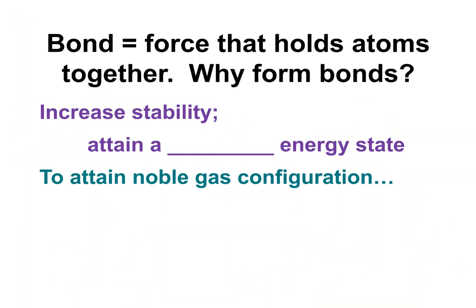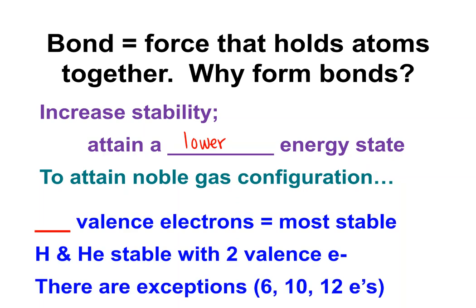Why do they form bonds? Atoms form bonds in order to obtain a lower energy state. That means they are more stable. And sometimes we say that they're going for a noble gas configuration. The number of valence electrons are normally 8, so they want to get 8.